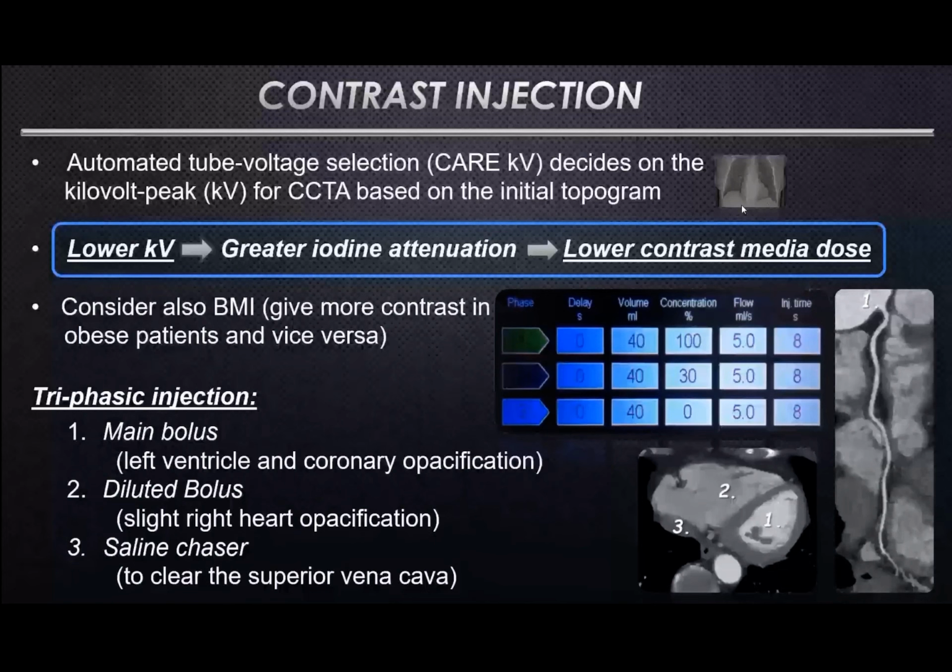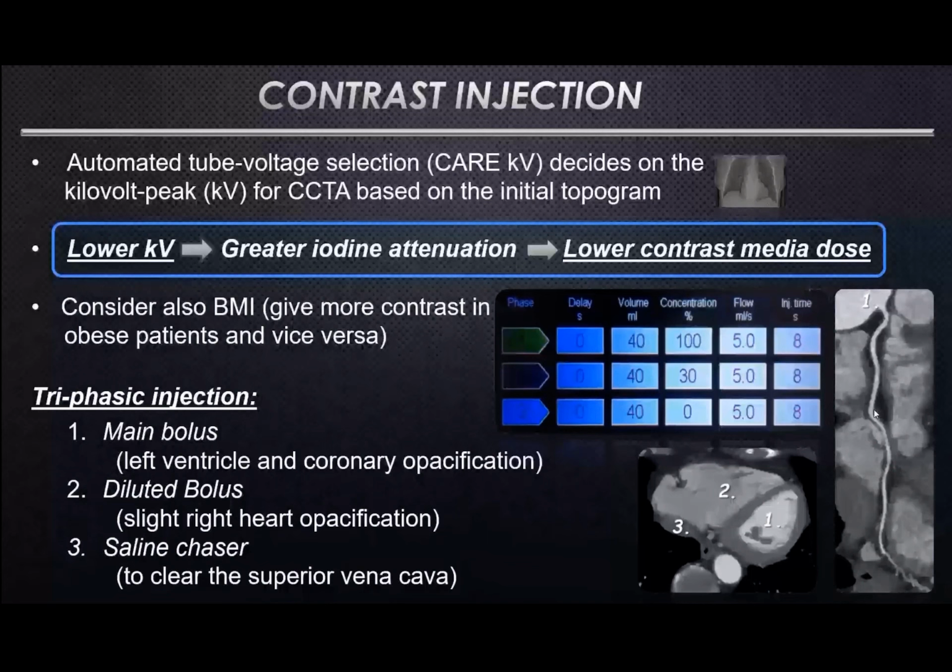In the best case scenario, you choose a triphasic injection protocol consisting of a main bolus that is supposed to opacify the left ventricle and the aorta, and of course, in between, the coronary arteries. As a second phase, you have the diluted bolus, about 30% contrast media, and the rest is saline.